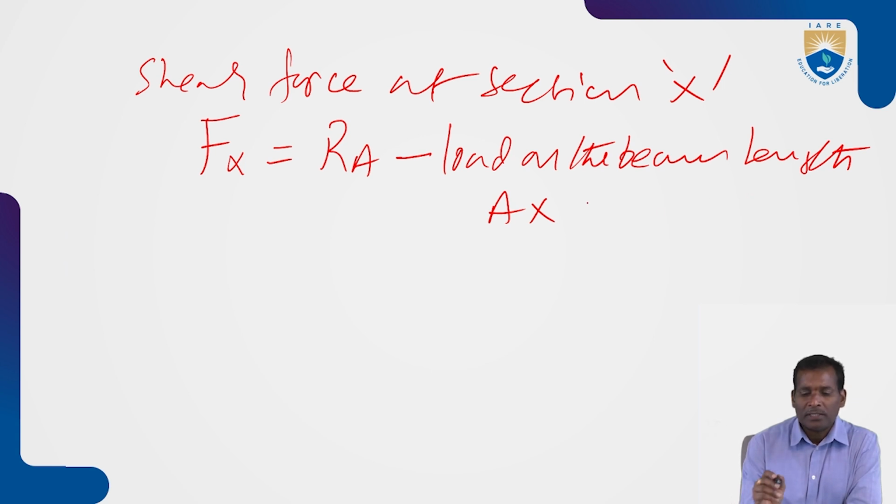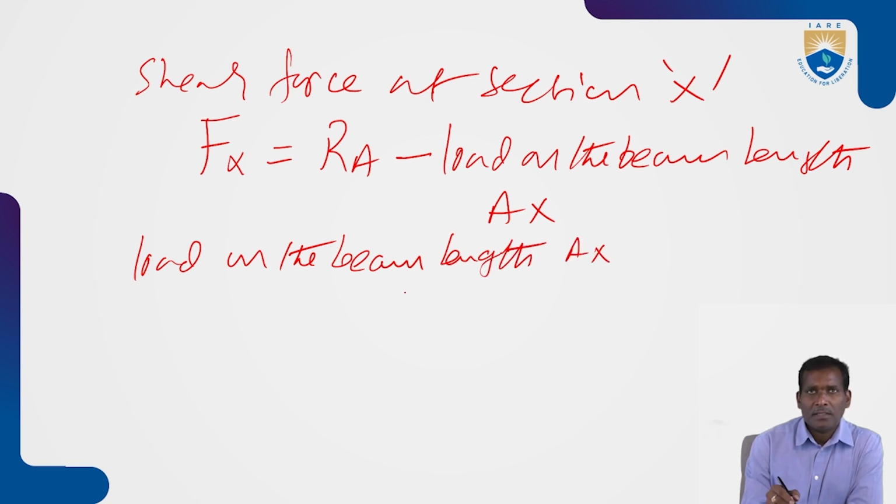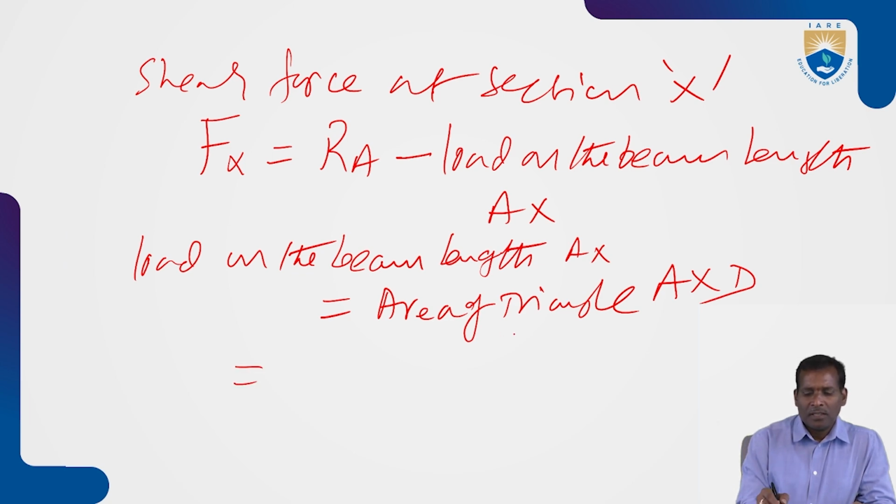The load on the beam length AX is equal to the area of triangle AXD.